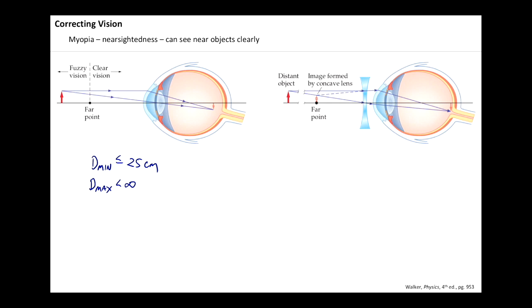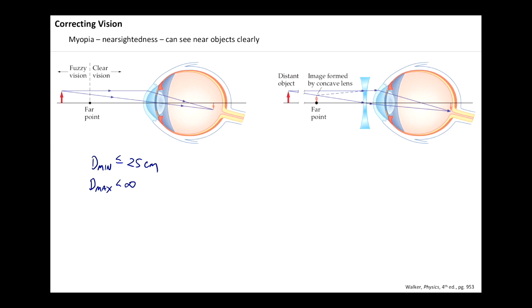So what we need to do is use the eye's system that's there already. I can't see any farther than whatever my far point is, which means that lens has to create an image at that far point. It's not like fixing things at infinity. Instead, it's just working within the limitations of your eye.